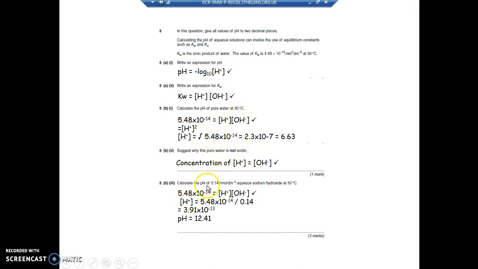You've got the Kw, 5.48 times 10 to the minus 14. So now 5.48 times 10 to the minus 14 is H plus multiplied by 0.140. So H plus is 5.48 times 10 to the minus 14 divided by 0.14. You've got the H plus ion concentration, minus log to the base 10 gives 12.41. Sodium hydroxide is a strong base, so that looks like a reasonable value for pH.